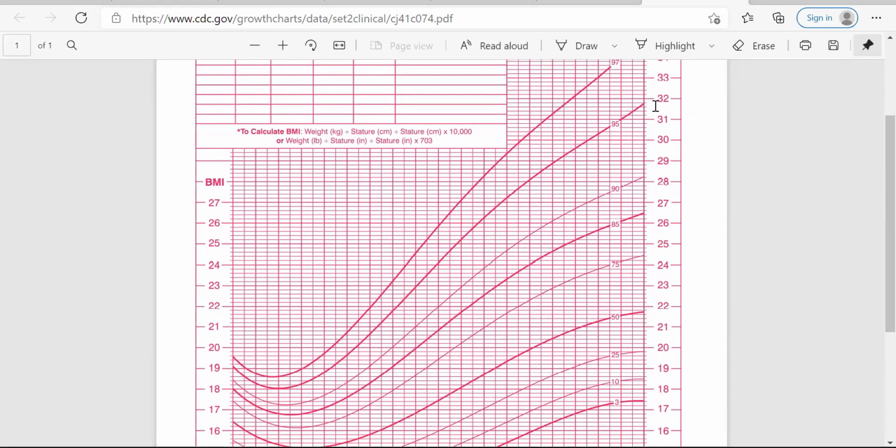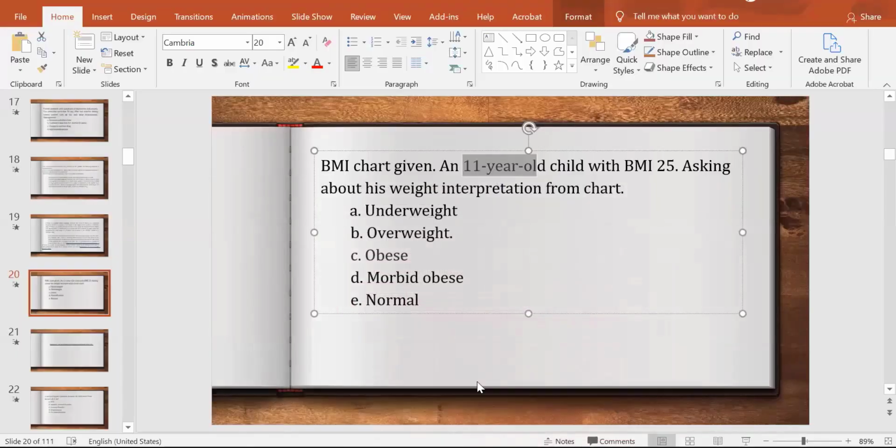If it is above the 95th percentile, that is obese, right? I haven't seen morbid obese. Usually in children, we don't use morbid obesity.